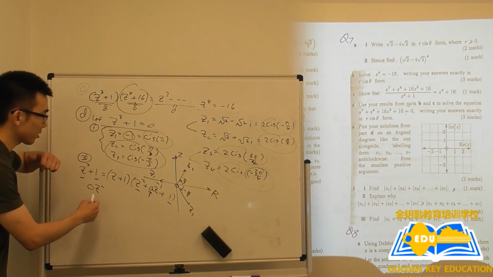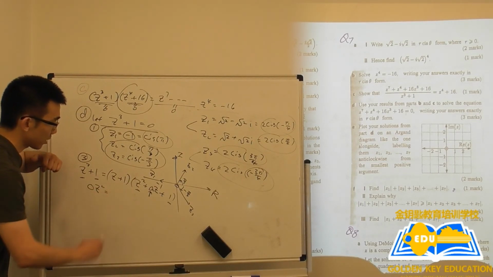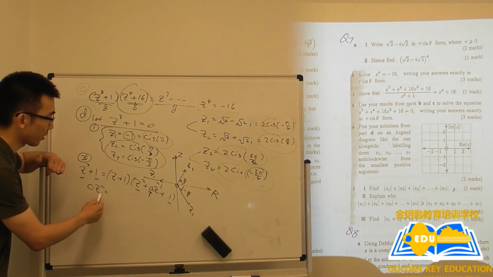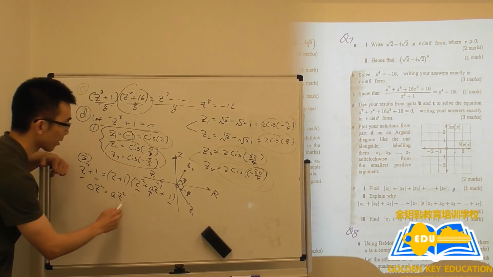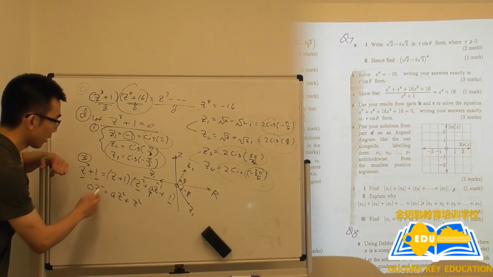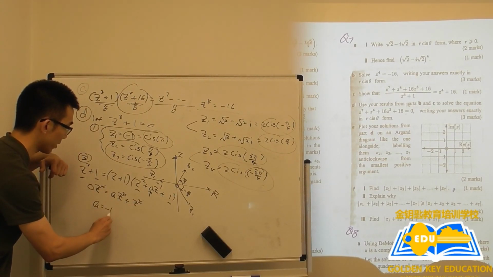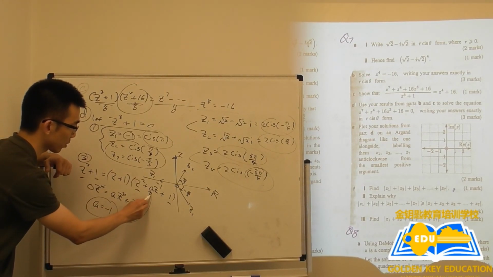So on the left hand side we have 0 times z squared, and on the other side, to get the z squared term, we can use z times az, so it will be az squared, or 1 times z squared, just 1z squared, and the z cubed cancelled. So therefore a equals what? 0 equals a plus 1, so a equals -1. Yep, so very simple.